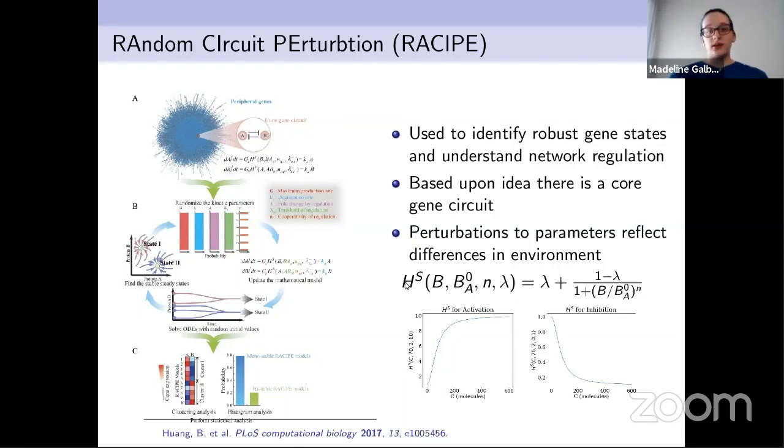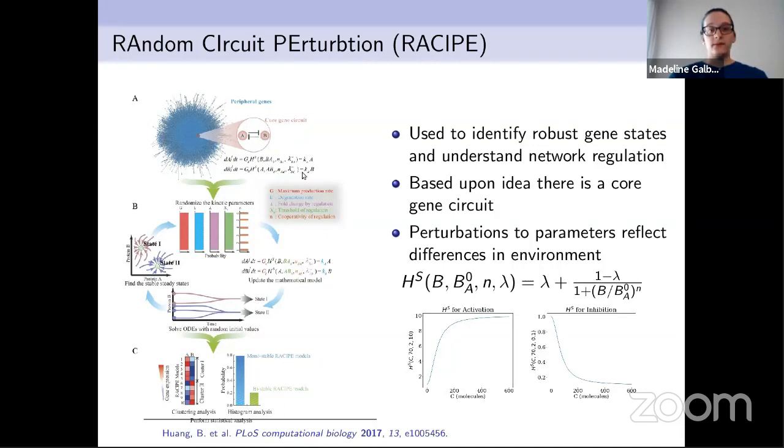And so if you look on the bottom right, you can see that for activation, the Hill function goes up, and then also for inhibition, it's the opposite. And you can see how the different parameters, the threshold of regulation, the cooperativity N, and then the fold change, lambda, all affect the activation inhibition regulation. And so that is added for every regulatory link.